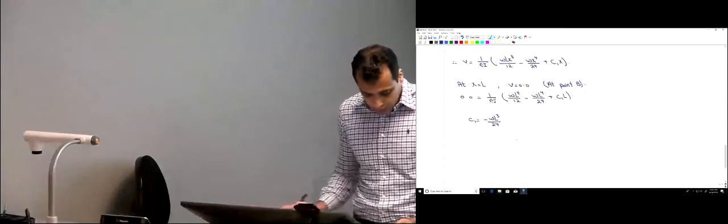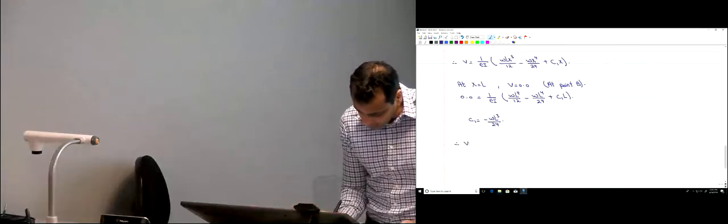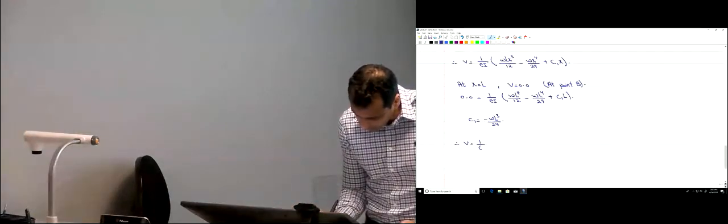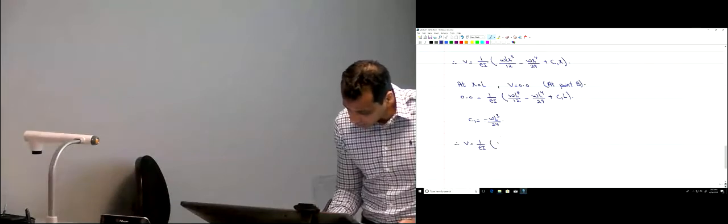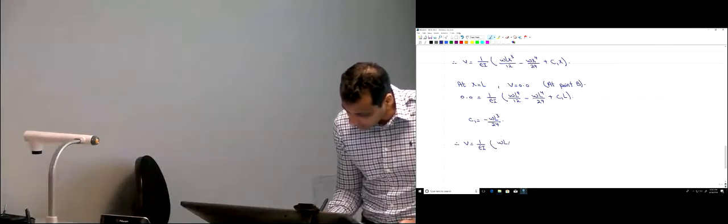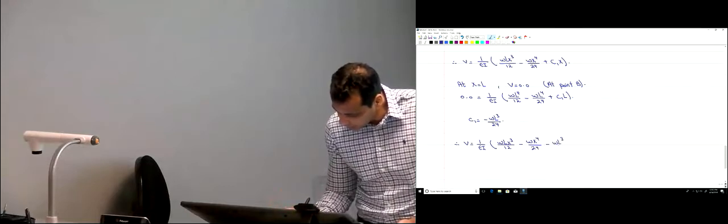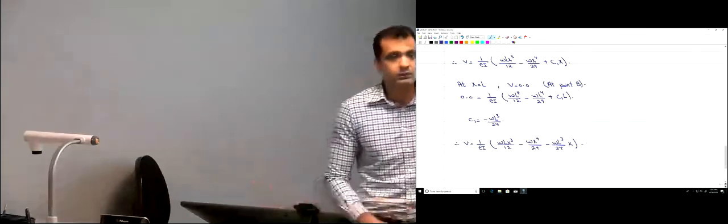Now I know V is equal to 1 divided by EI, and I'm just going to put this value of C1 in the equation: WLx cubed divided by 12 minus Wx to the power 4 divided by 24 plus C1, which is negative W L cubed divided by 24, multiplied by x. This is the equation for the deflection at any point.